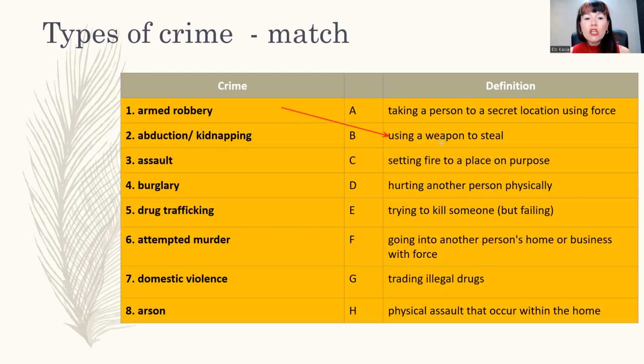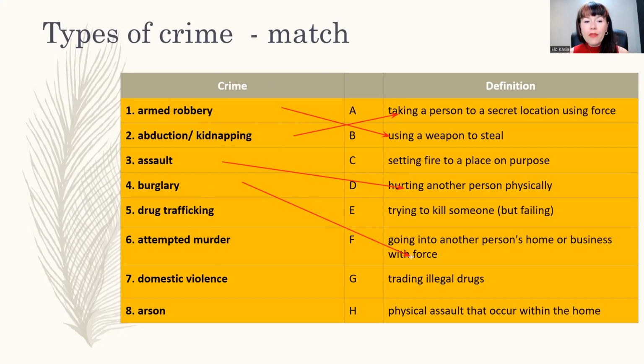Okay, abduction, kidnapping. Abduction or kidnapping is taking a person to a secret location using force. Yeah, well done. Assault, do we know this word? Assault is to hurt another person physically. Okay, so that is D there. Burglary is going into another person's home or business with force, breaking into somebody's house or business.